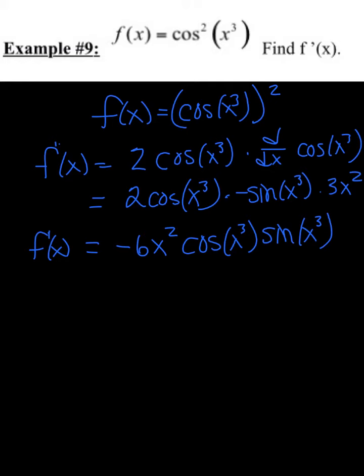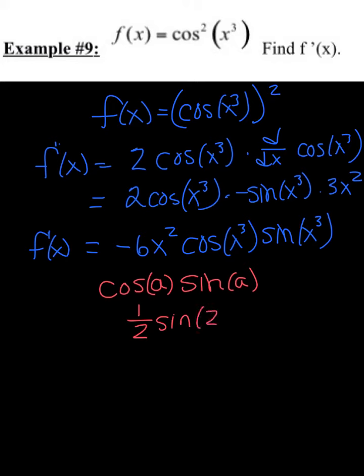All right, so cosine A, sine A. Anyone know the identity that relates cosine A, sine A? I believe there's one. It says that this is equal to 1/2 sine 2a.